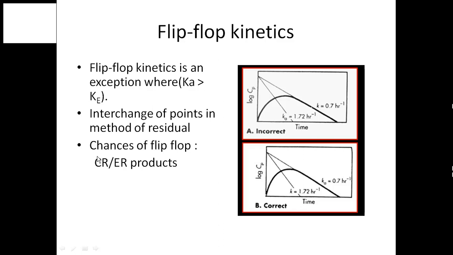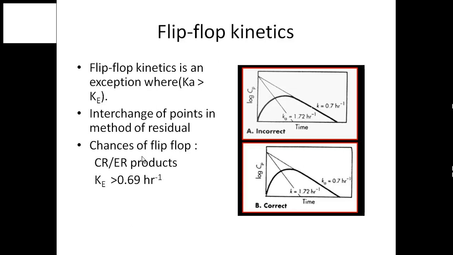So coming back over here, when we are considering control release or extended release products, the absorption rate is a little bit slower, and thus it may have a chance of flip-flop kinetics.